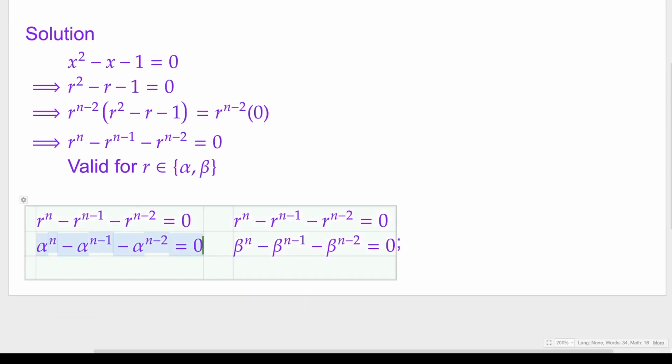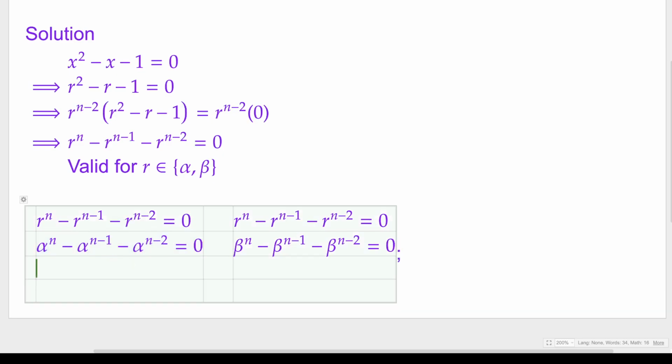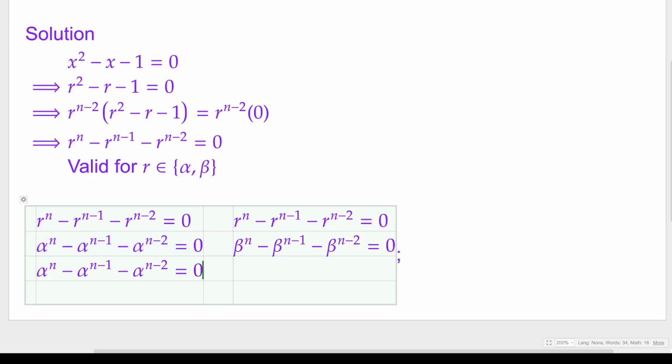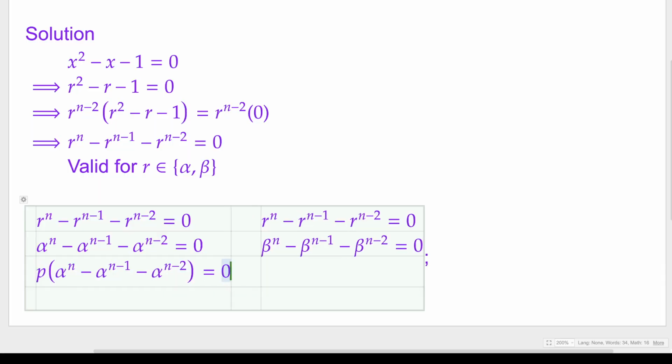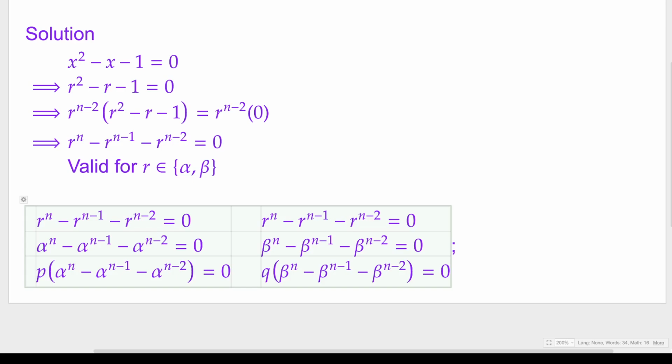So in the first equation I will multiply p on both the sides, and p multiplied with 0 will be 0 itself. Similarly, for the beta equation, I will multiply q on both the sides, and 0 multiplied with q is 0 itself.